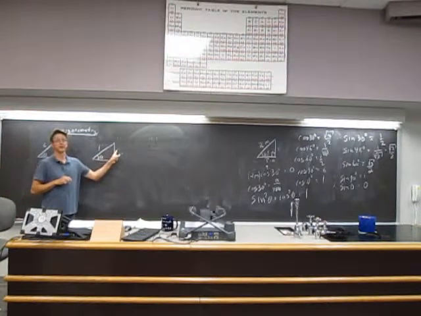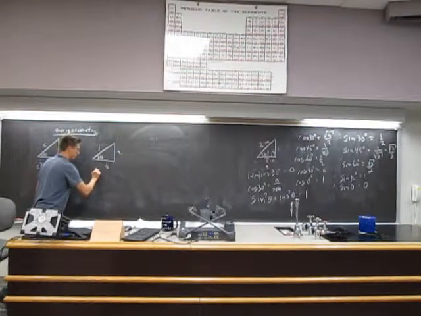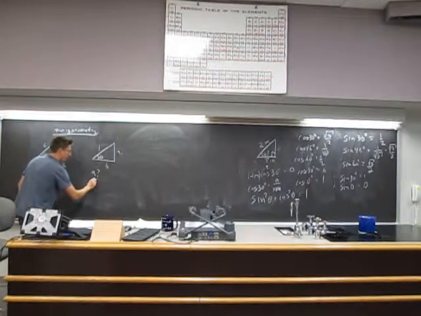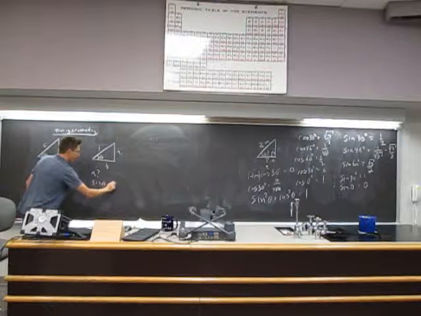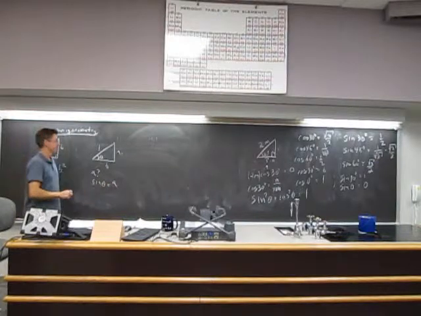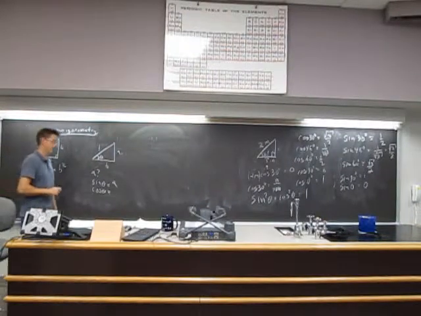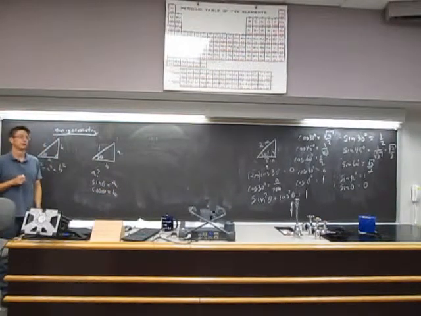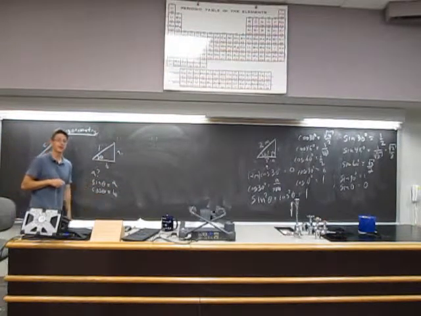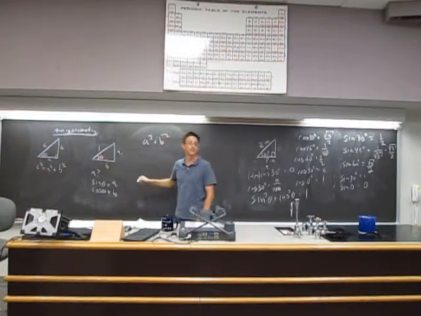Let's call the sides A and B. Sine of theta is equal to A over 1, which is just A. Cosine of theta is B over 1, which is just B. If I square this and square that and add them together, A squared plus B squared is the hypotenuse squared, which is 1.